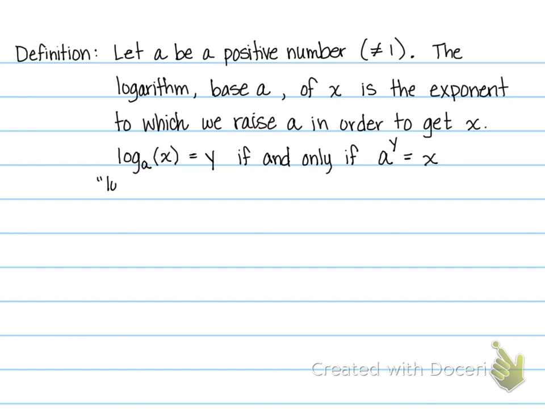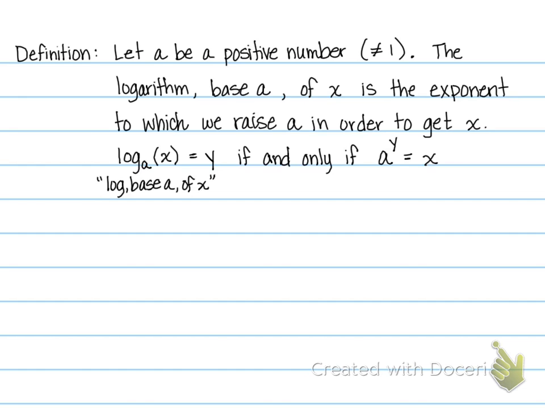This is how we say this. We read this log base a of x. And this is another one of those times, guys, I know you roll your eyes at me when I say things like this, but saying it correctly isn't just me being like, oh, you should talk like a mathematician. Often saying things incorrectly makes you perceive them incorrectly.